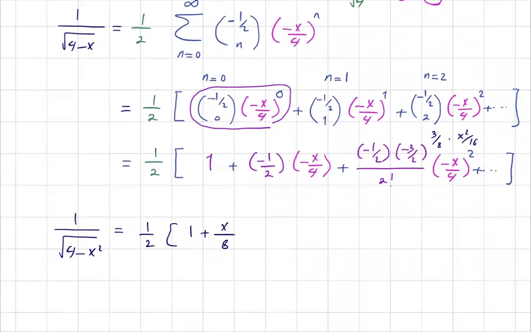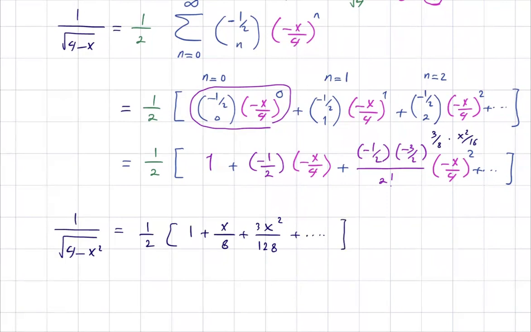So you get plus 3x squared divided by 128. Or you can leave it in factorial form, whichever makes more sense to you or is easier for you to read. And add the rest of the terms to it.